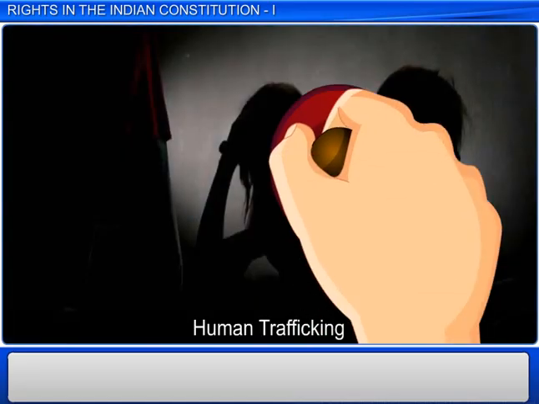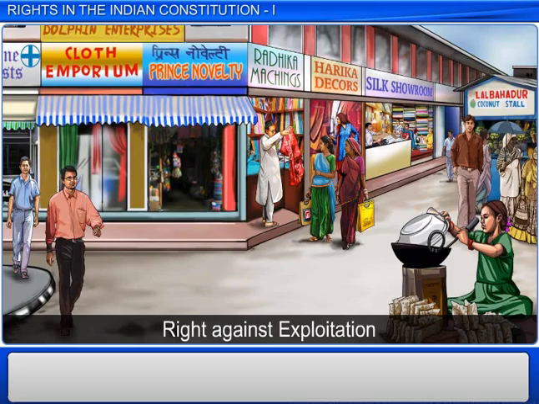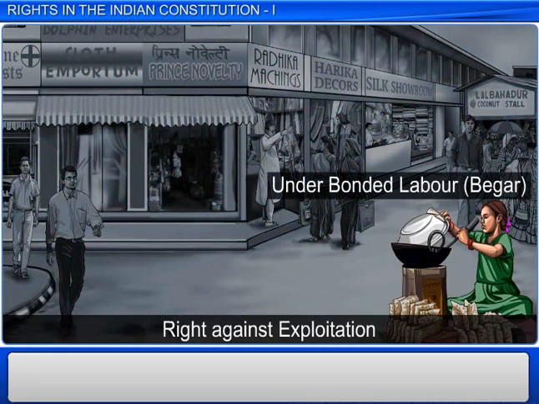It prohibits trafficking in human beings, that is, buying and selling of human beings, especially women and children, for immoral purposes. It also forbids forced labor or begar in any form where a person is forced to render free service or is paid nominally.